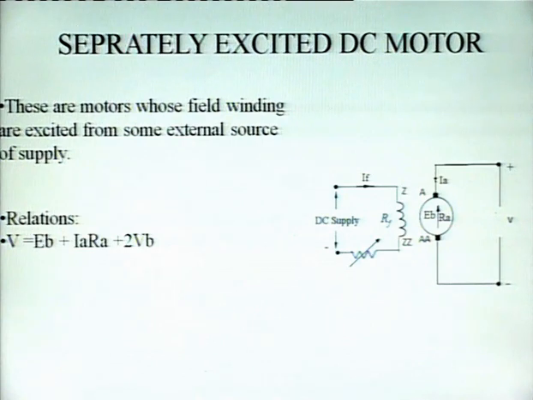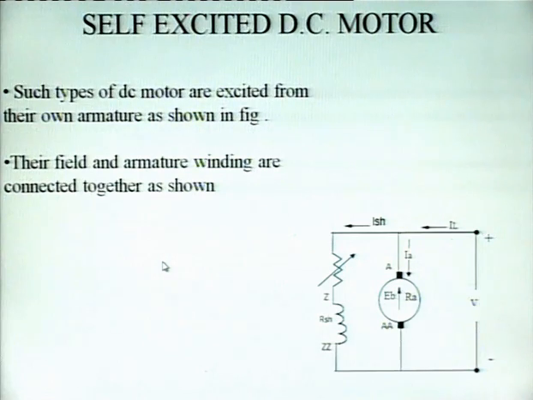In a separately excited DC motor, the field winding is excited from an external source. In a self-excited DC motor, the field winding is excited from its own armature.